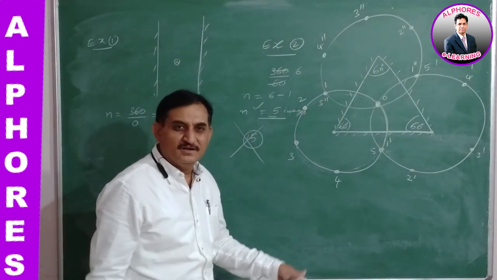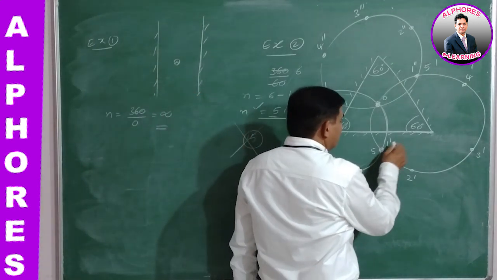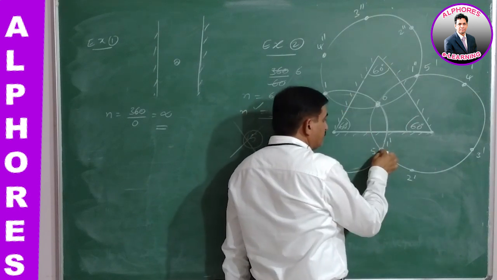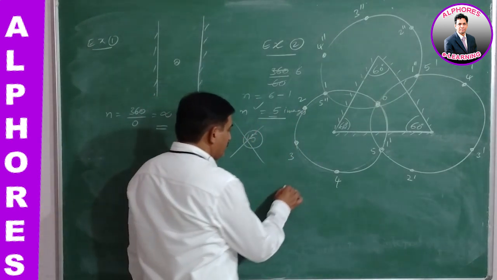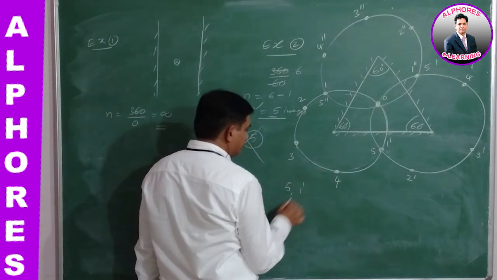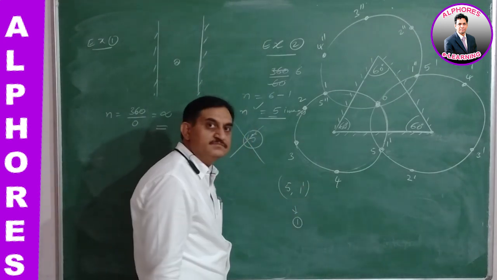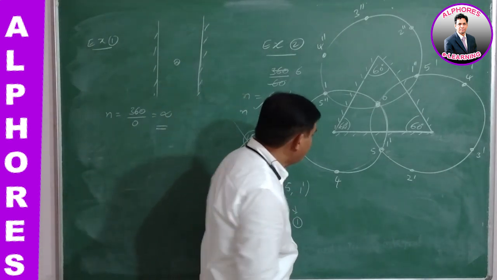But all together it is not 15. Why? Because here by this pair image, these two coincide with each other. Therefore 5 comma 1 dash is taken to be a single one. Instead of two images we count a single.